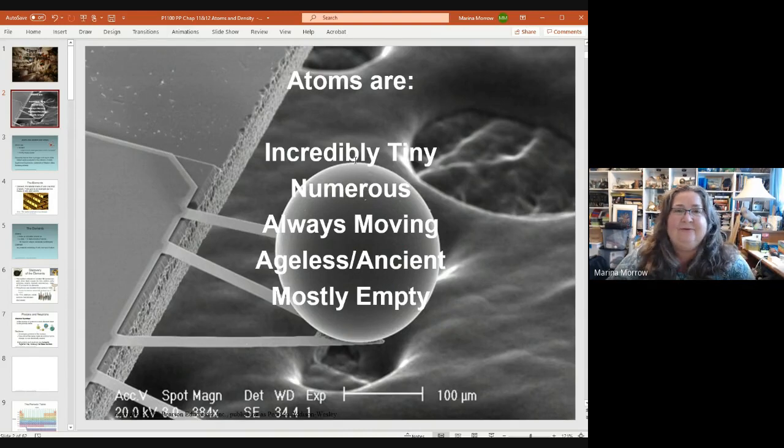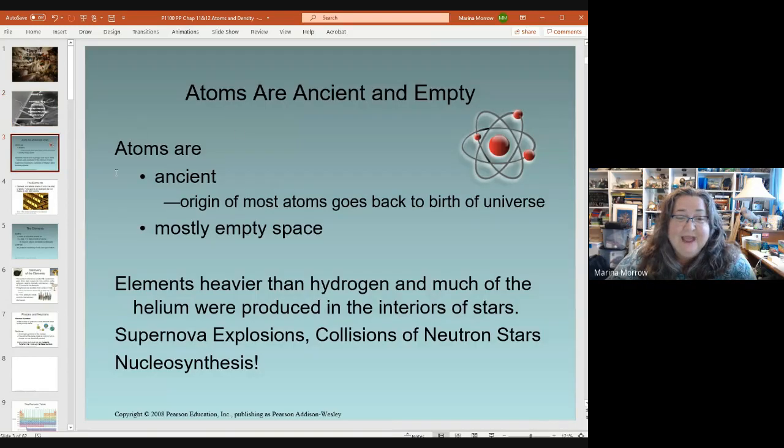Every lungful of air that you breathe contains millions of atoms. So they're very tiny. And they are numerous, of course, because we fill the universe up with them a lot. And they're very ancient because they go back to the birth of the universe.